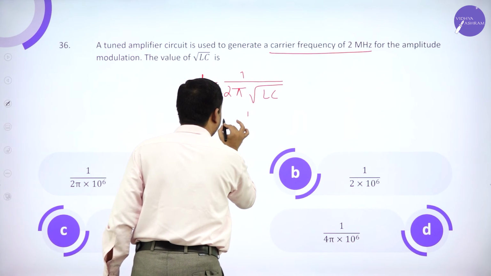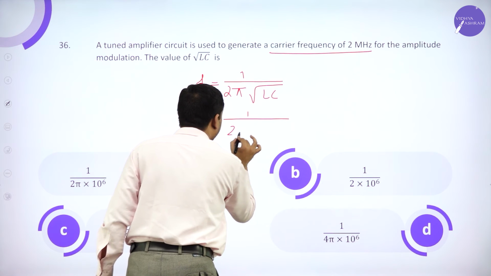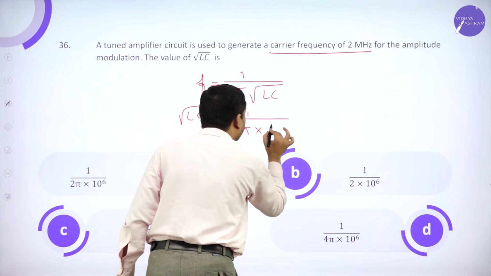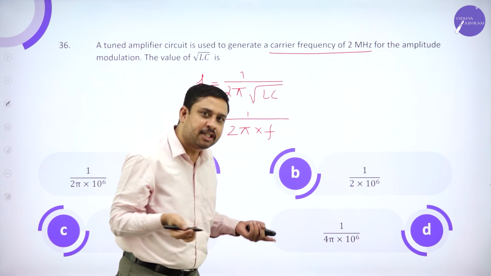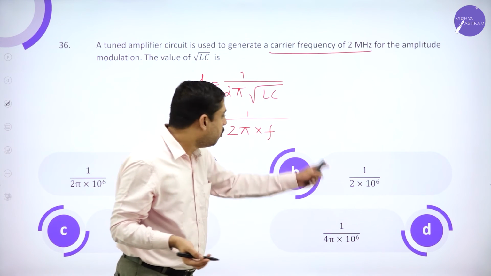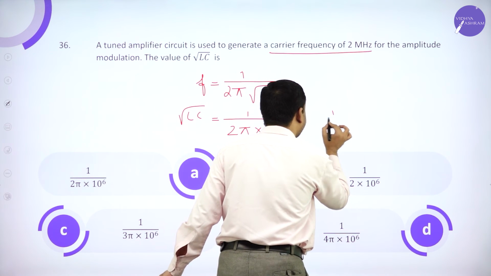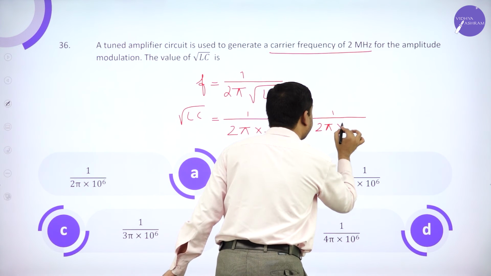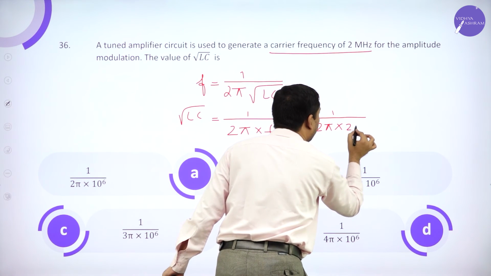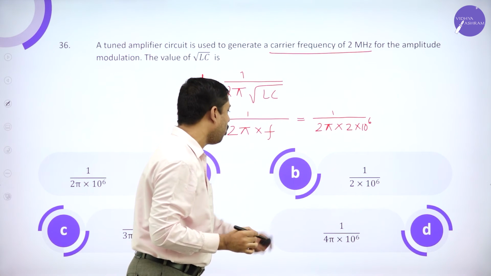So root LC is 1 by 2 pi into f. If you see the options, I need not simplify also. So this is 1 by 2 pi into f, which is 2 megahertz, 2 into 10 power 6. So 1 by 4 pi.